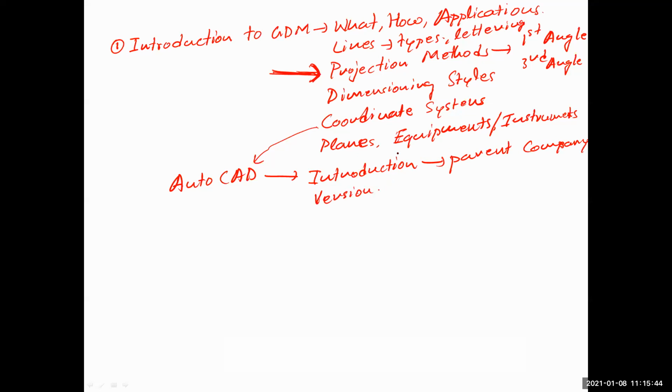In the laboratory system, we have 2016 educational version. Then after this, we have seen different type of commands. In type of commands, we have seen draw commands. We have seen modify commands.